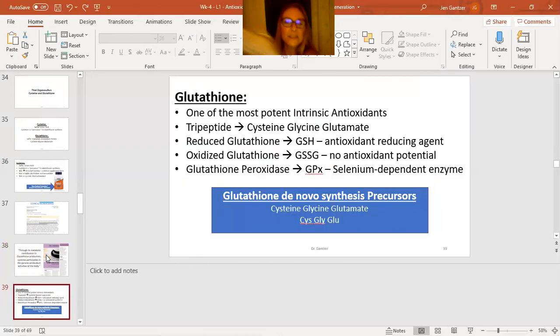All right, so why is glutathione so awesome? Because it is. It's totally awesome. It is going to be your thiol. It's a tripeptide. Its solo antioxidant function is donating a hydrogen atom that it has when it's reduced to fight free radicals directly.